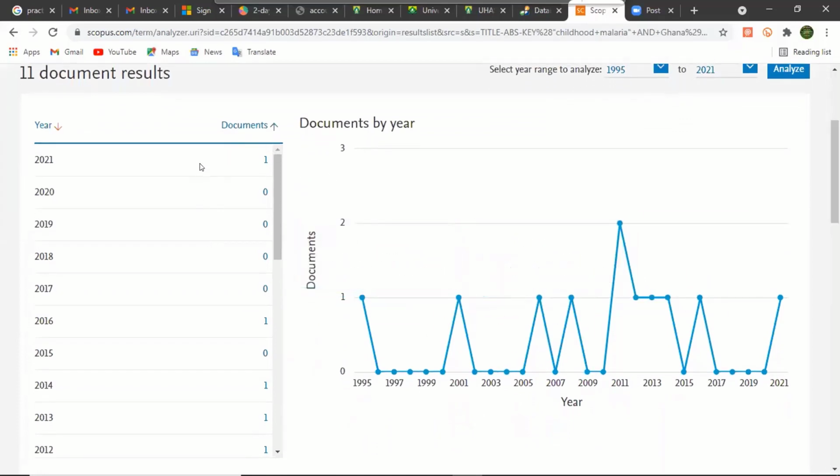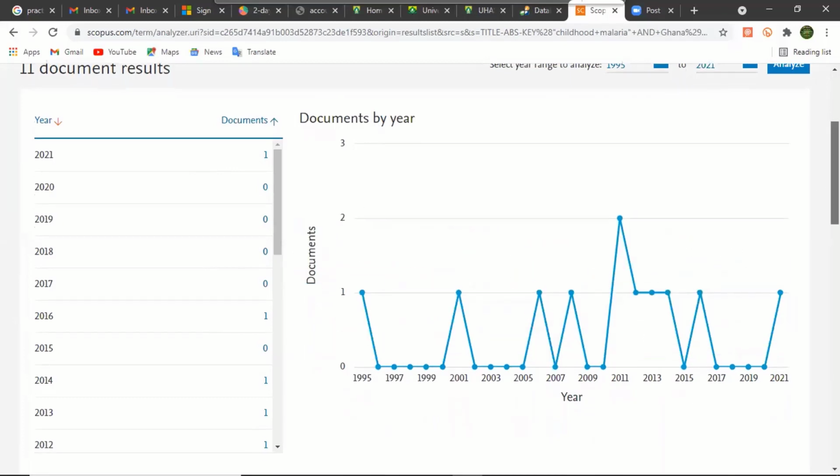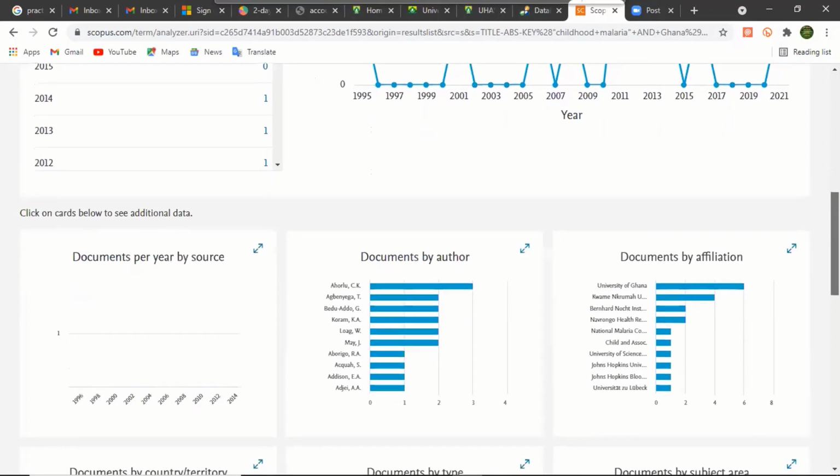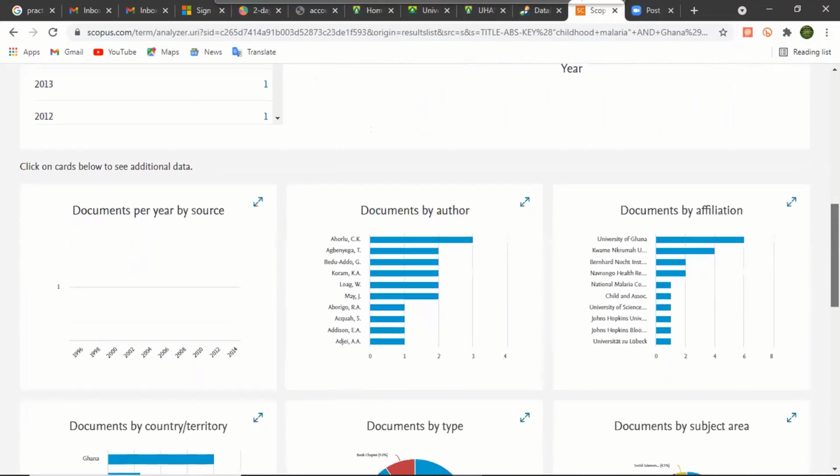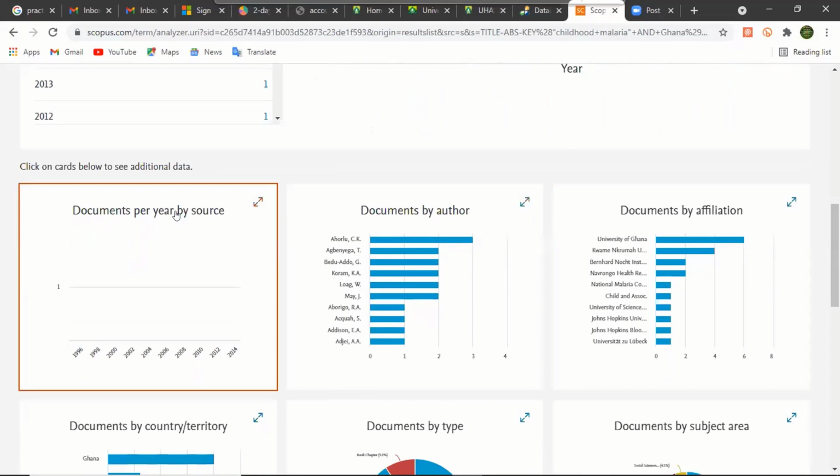So starting from the current year and moving backwards, it tells me how many items per year was published related to my topic. And the graph is also shown on the right here, okay, telling you what has happened in that topic area. Then by source, the source here means the publishing venue. So what journal published it and all of that.